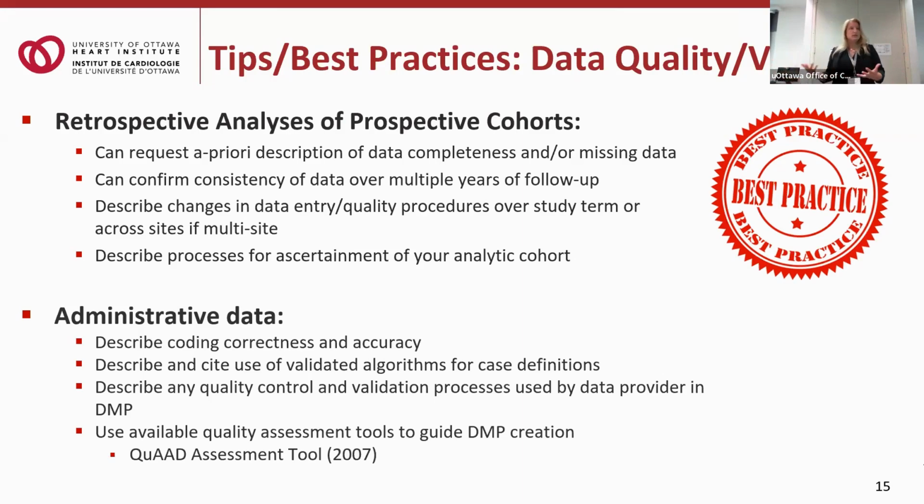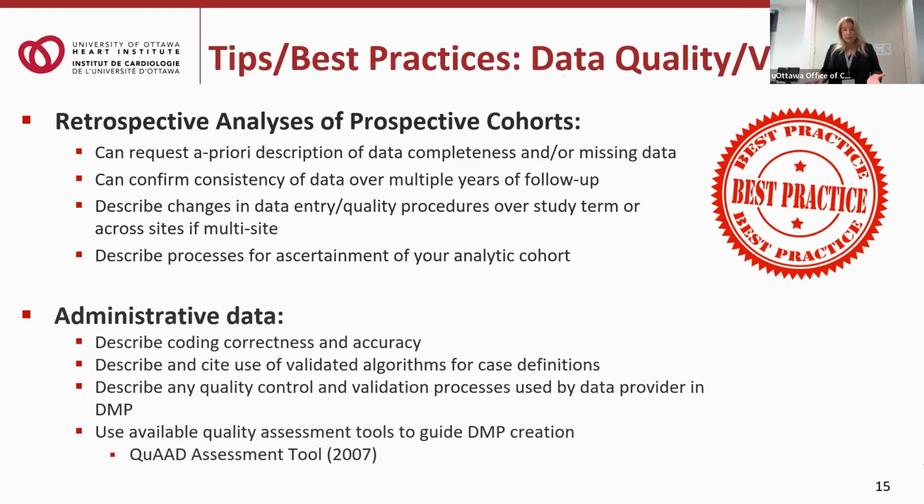So describe the processes for how you ascertain the cohort for your specific and current ongoing study. So it's a bit more involved data management plan, I would say, in this case, because you're a little bit incumbent to describe some of the original design features and data quality practices, but also describe your own methods and processes for how you're going to do that with respect to your analytic cohort.